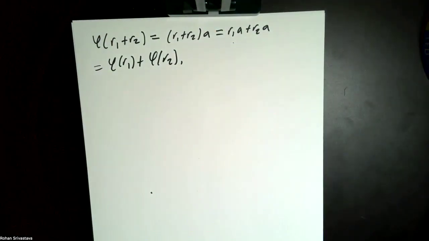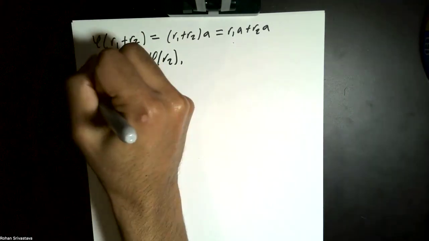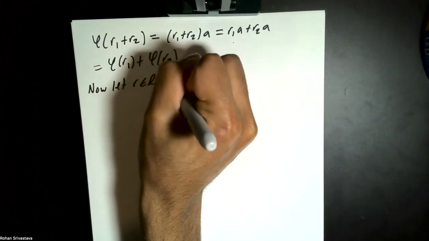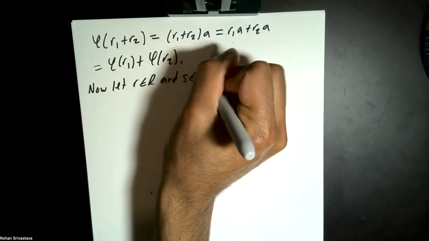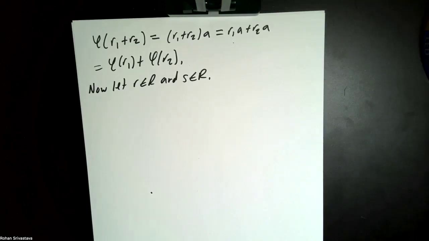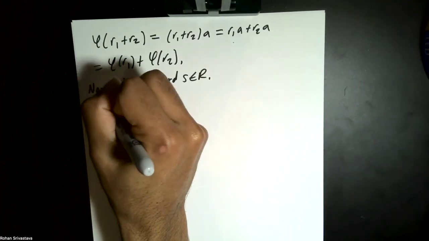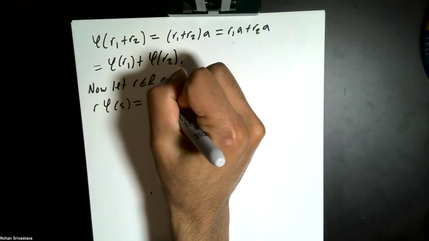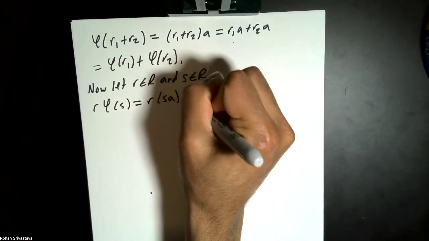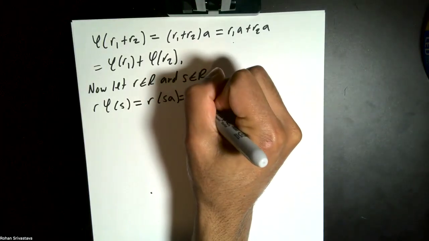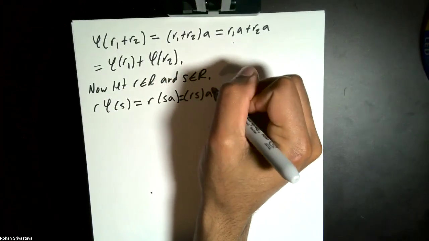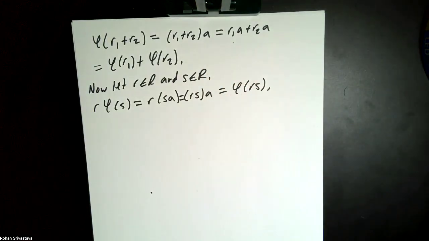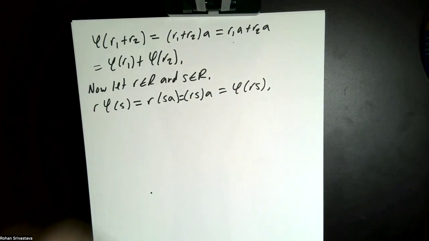Okay, so that condition is checked. Now let R be in R and S be in R. Well, what's R phi of S? That's R times SA, which is the same as RS times A, which is phi of RS. Okay, so phi is indeed an R module homomorphism.